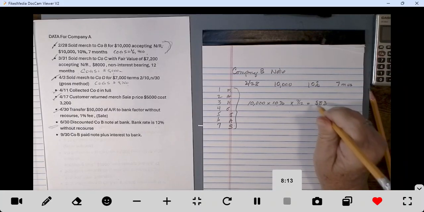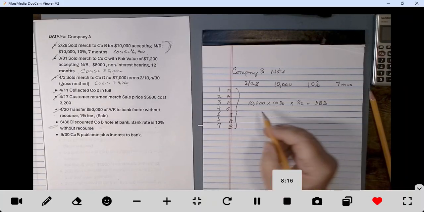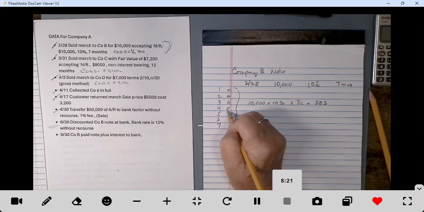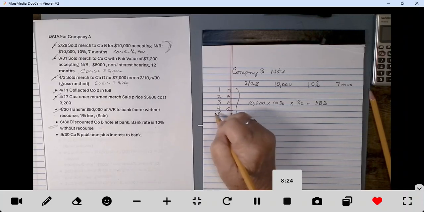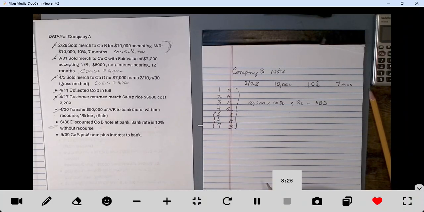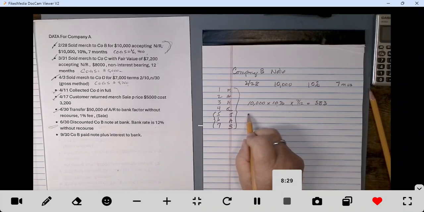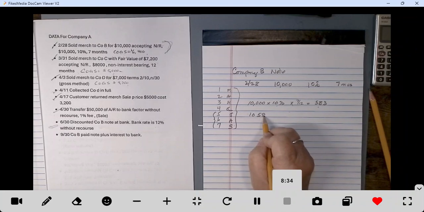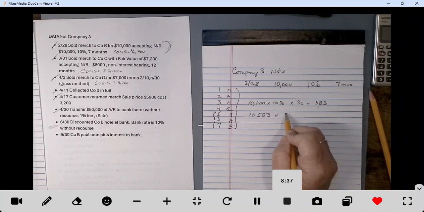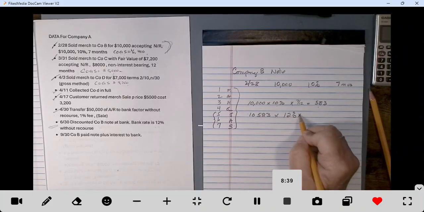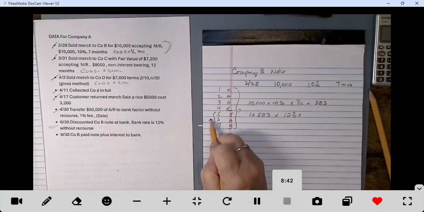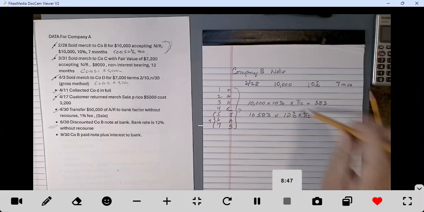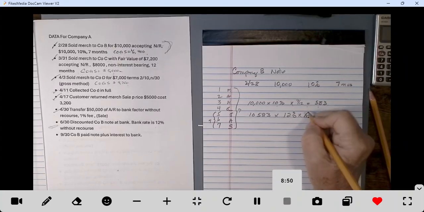Now they discounted that note at the bank on 6/30, at the end of June. So July, August, and September, the bank wants to know what the value is. So 10,000 plus 583 is 10,583 times the bank's rate of 12% times the number of months the bank will hold it. Oh, I'm sorry, 3/12.